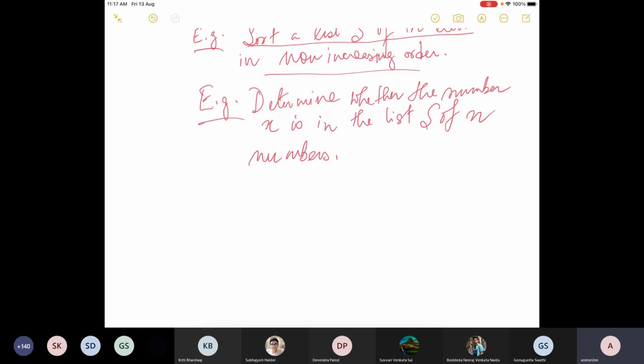Now if I give you this problem, can you immediately go ahead and solve it? What is your take on this? You can use the chat box or you can unmute and answer, but not all together.